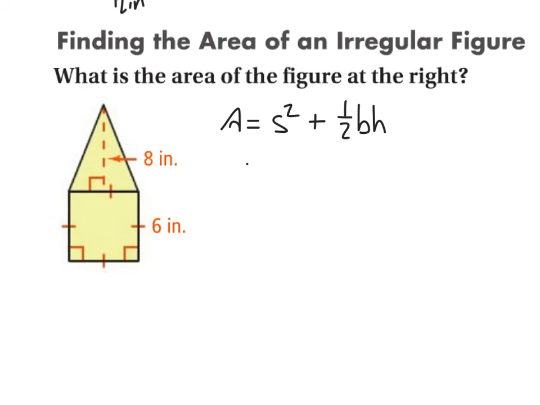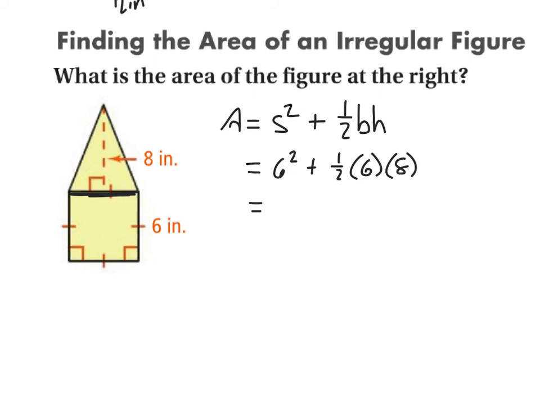Plug in what we know. The side length of that square is 6. So it's 6 squared plus 1/2 times the base of the triangle, which is also 6. The height of the triangle is 8. So I got a point for writing down my equation. I got a point for plugging into the equation. Well, now I need to simplify.